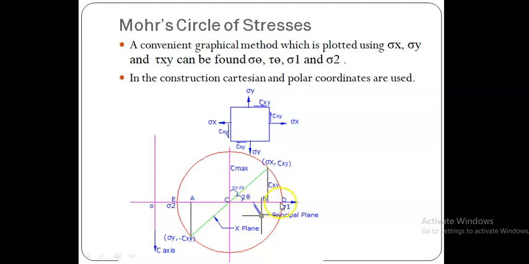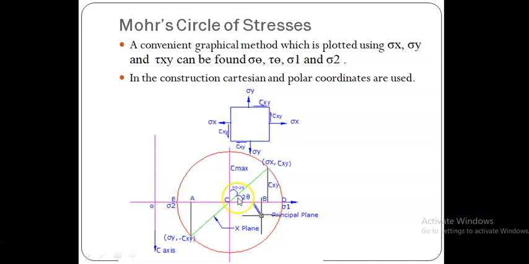The maximum stress is called sigma 1. With respect to the origin, we can measure that stress value in an appropriate scale, and therefore we obtain sigma 1. And with respect to the origin, we can also measure sigma 2, the minimum stress. These are the maximum and minimum principal stresses.